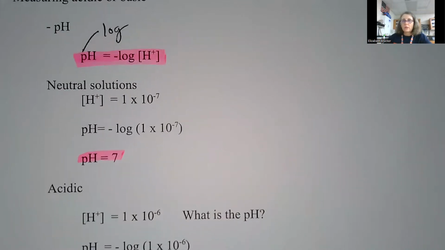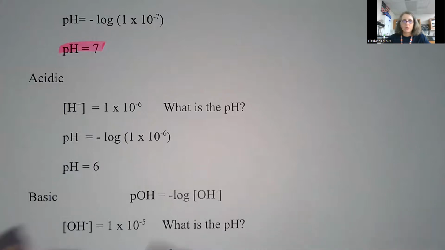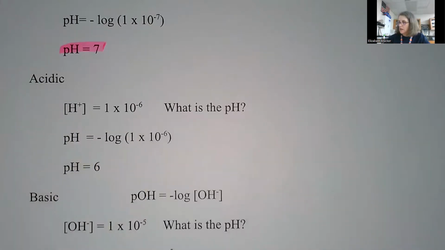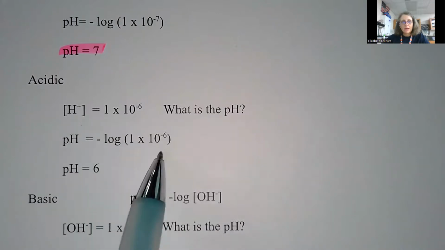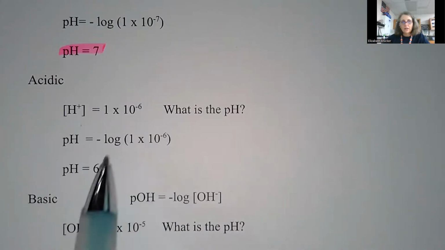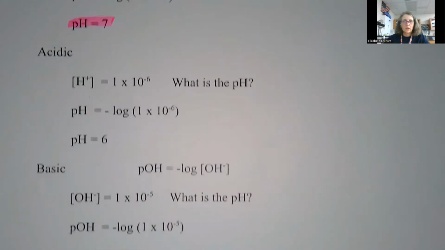So all we're doing with these calculations is taking the negative log of different numbers. So 10 to the negative 6th, if I have a hydrogen ion concentration of that, all I've got to do is take the negative log of that number and I get a pH of 6. I know that this is acidic because a pH of 6 is something we'll talk about.